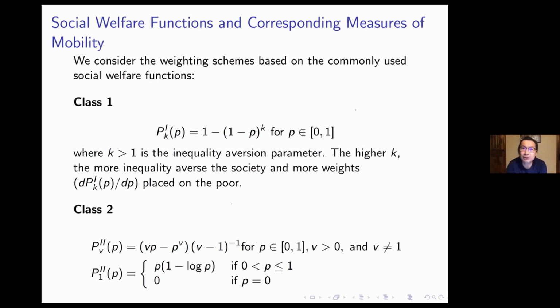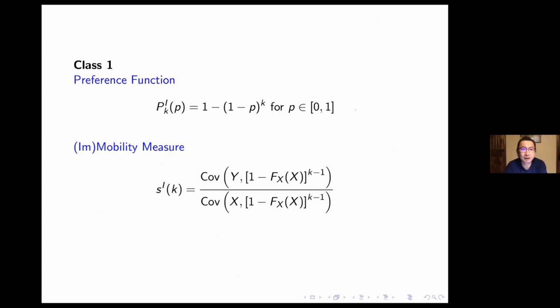We're thinking about the general set of mobility measures. The second class has a more complicated form, where V assigns different weights to different proportions of the distribution. The first preference function corresponds to this measure, where 1 minus F_X(k) is the rank.